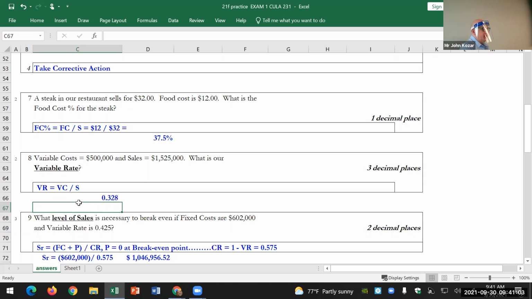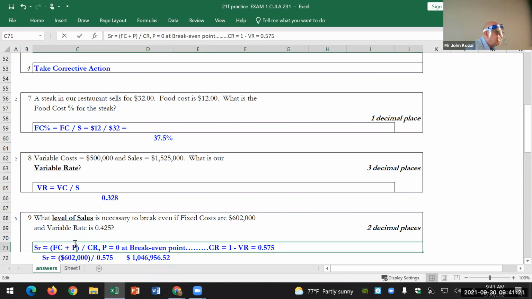Okay, then we're looking at doing a projection, what level of sales is necessary to break even. If we have fixed costs of $602,000 and a variable rate of 0.425. So the formula that we're using is this.